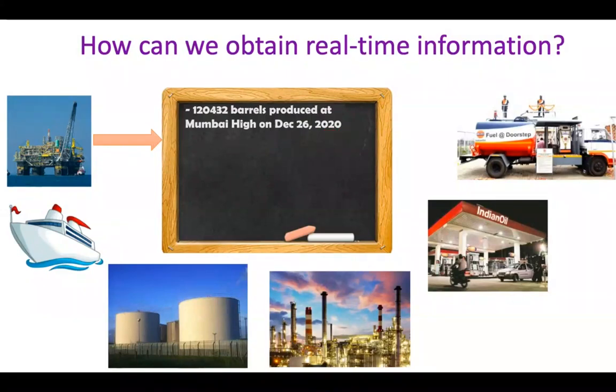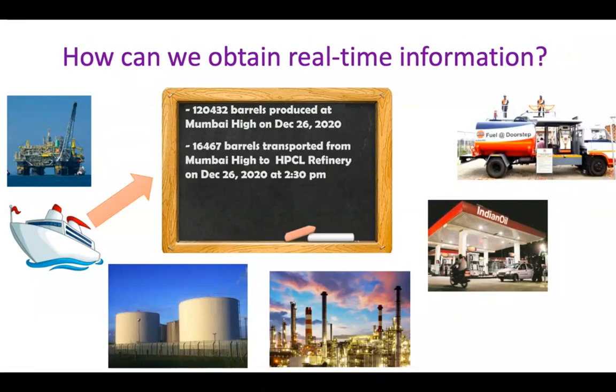Along with this, the information will be carried out with the crude transportation department, so that there will be coordination on how much the barrels are produced and how much is transferred to reach the needs of the people.